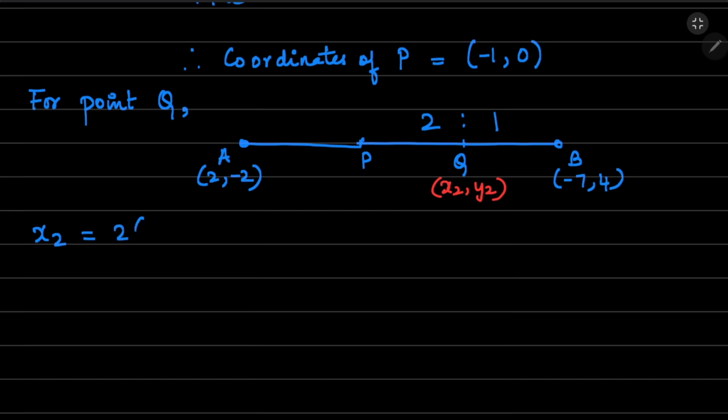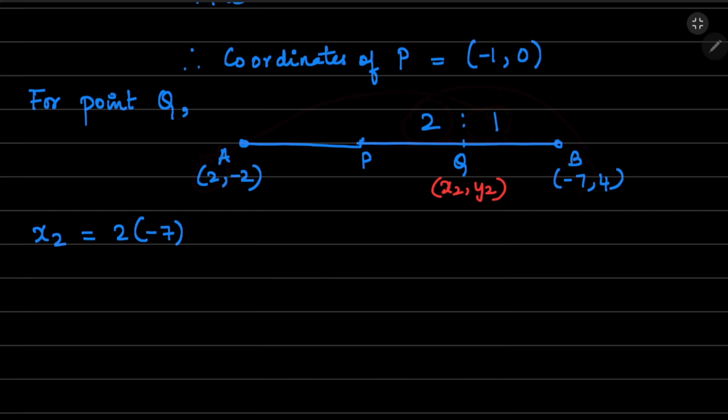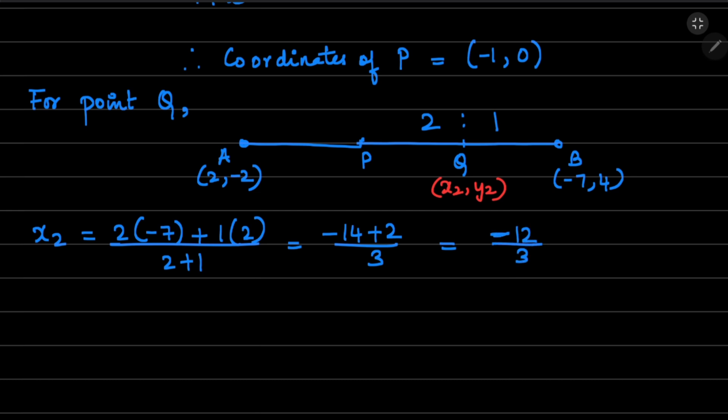So x2 equal to (m into x2 plus n into x1) divided by m plus n. So 2 multiplied by minus 7 plus 1 multiplied by 2 divided by 2 plus 1. So this is equal to (minus 14 plus 2) by 3, which is minus 12 by 3, which is equal to minus 4.